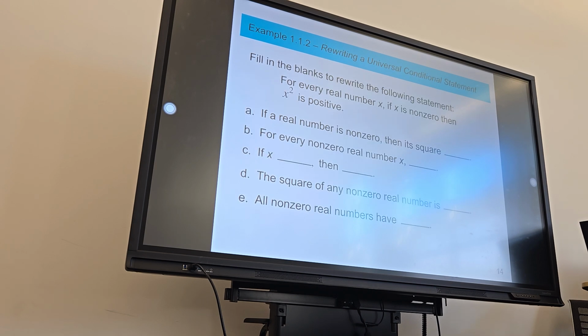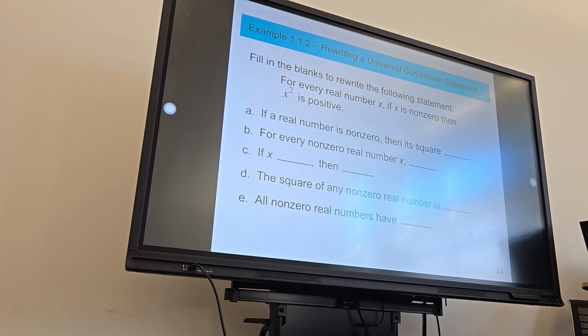Let's do a little in-class exercise here. Rewrite the following statement. For every real number x, if x is non-zero, then x squared is positive. So if a real number is non-zero, then its square is positive.